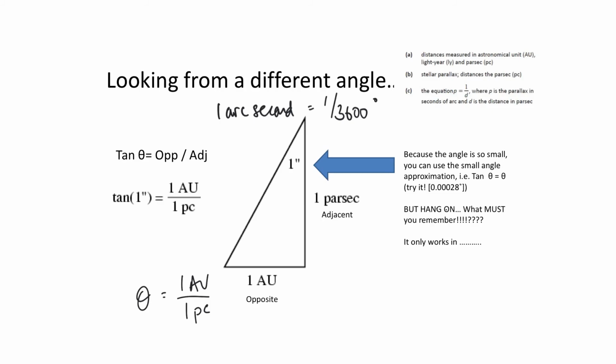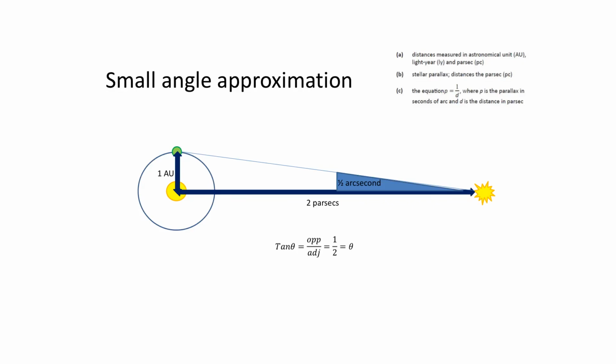The angle is our parallax angle, so that gives us p. The 1 AU is always just the value of 1. With parsecs, we write d for distance, because that's the thing that's going to change. So that's where our equation comes from. 1 is our constant, because 1 AU is always the same, and as long as distance is in parsecs and the angle is in arc seconds, that equation can be used.